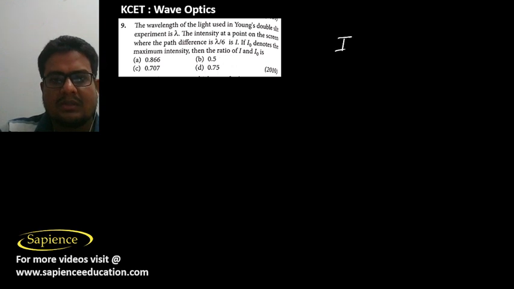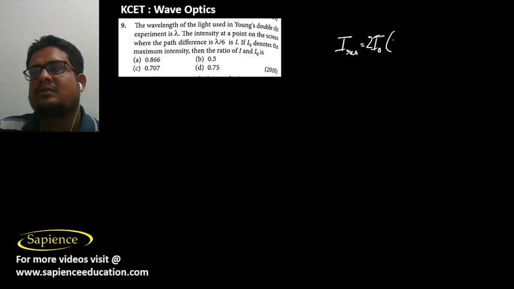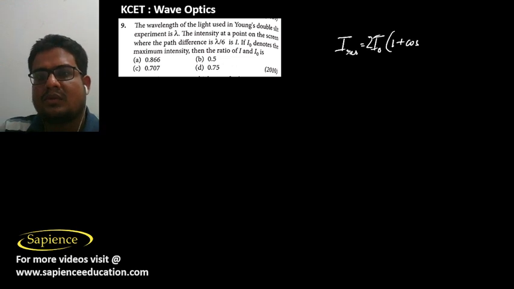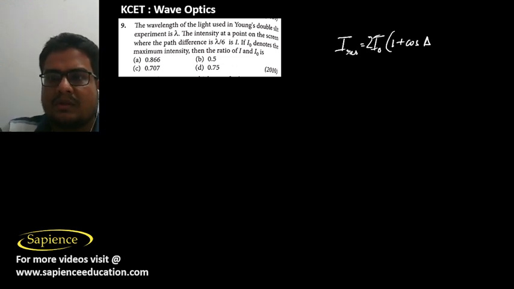So the resultant intensity at any point is given as I resultant, that is equal to 2 I naught plus 2 I naught into 1 plus cos delta phi.